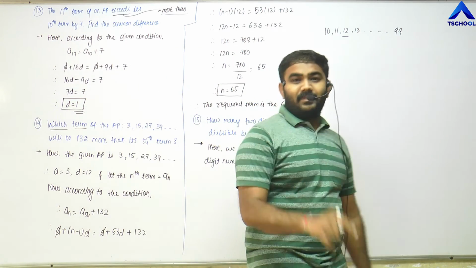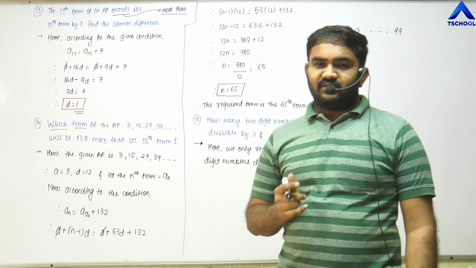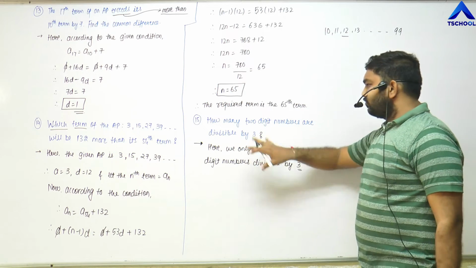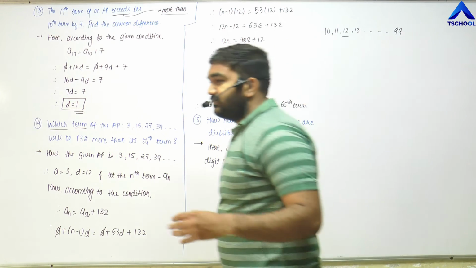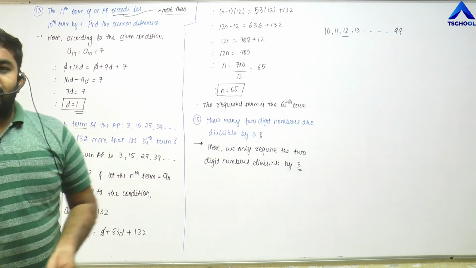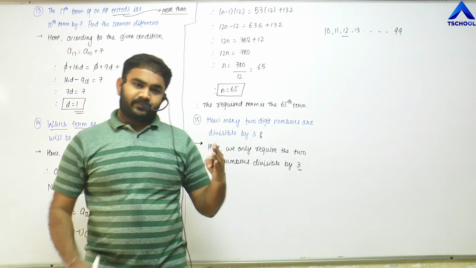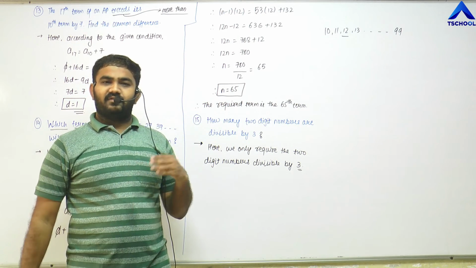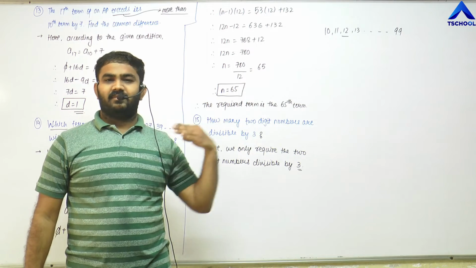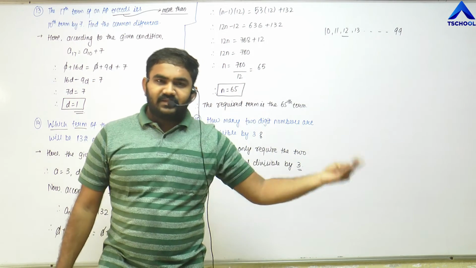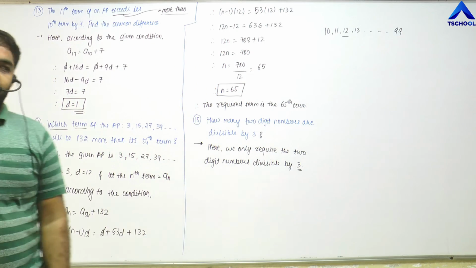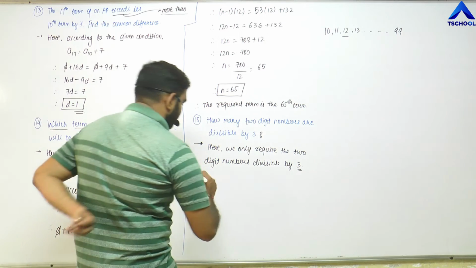This trick is applicable to questions where you are asked to find the two-digit numbers divisible by 7, then again you can apply that the first number divisible by 7 is 14. In the same way you can go for the next one, 14 plus 7, 21 plus 7, 28 plus 7, 35 and so on. Okay, friends.